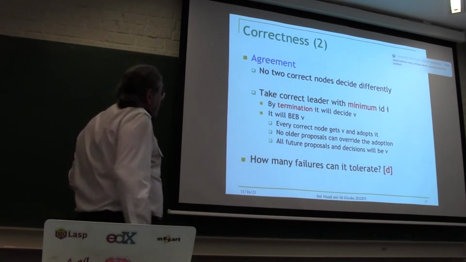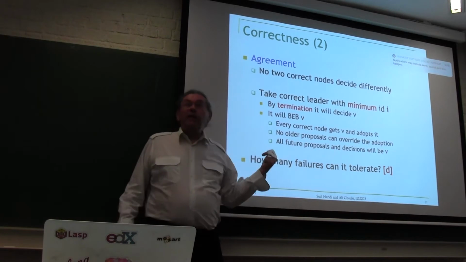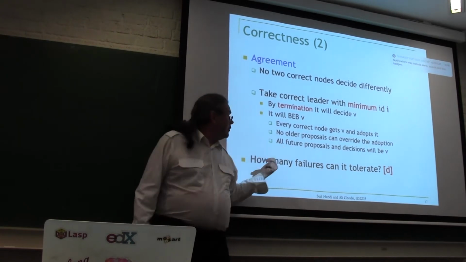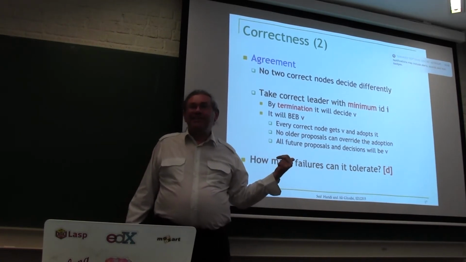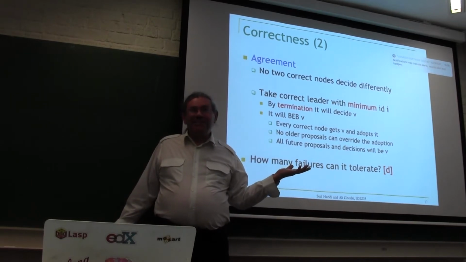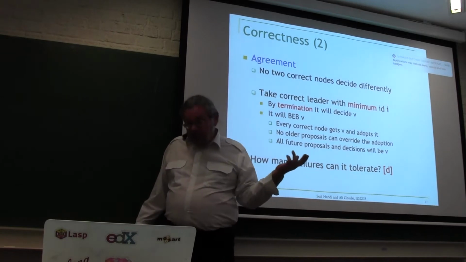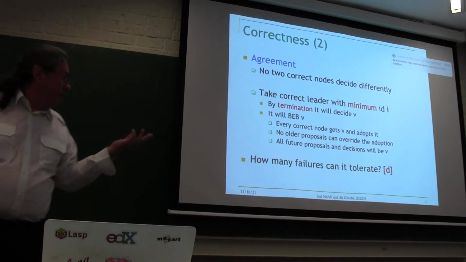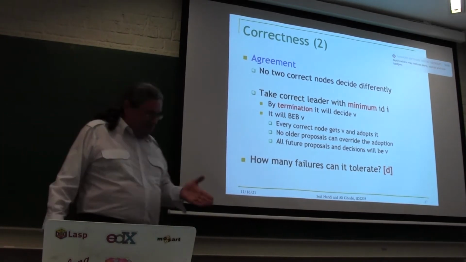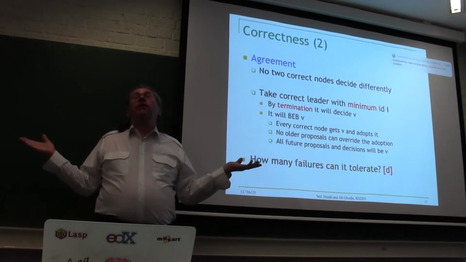So how many failures can this algorithm tolerate and still work? What do you think? How many failures? Yeah? N minus 1. You need at least one correct node, that's correct, but all the others can fail.